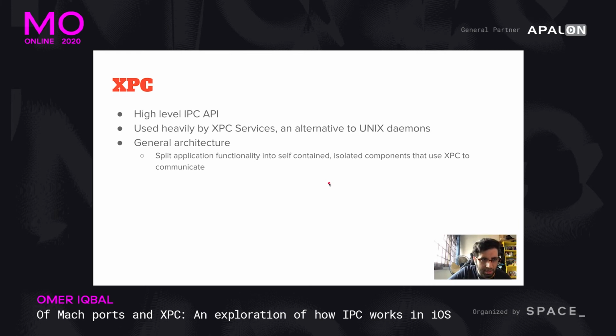Imagine that instead of writing your application as a monolith, you split it up into several components and use XPC to talk between them. Those XPC services are similar to Unix daemons in the sense that they're managed and initialized by the system, and if they're killed, they'll be regenerated.